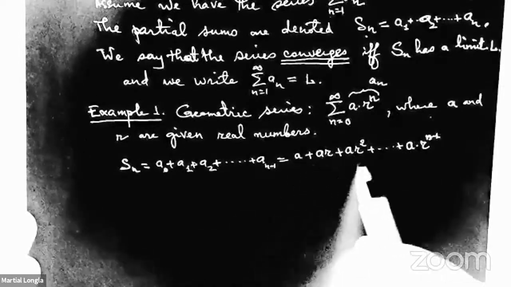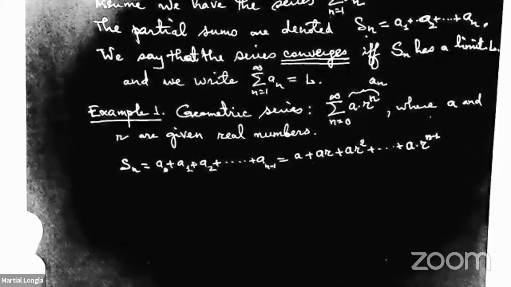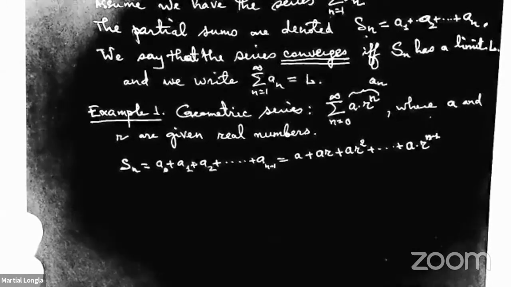So this is what the sum of the first n terms is equal to. Now there is a trick to find a formula for this.